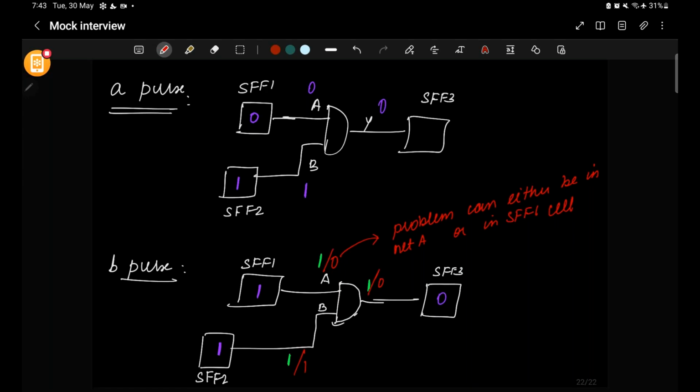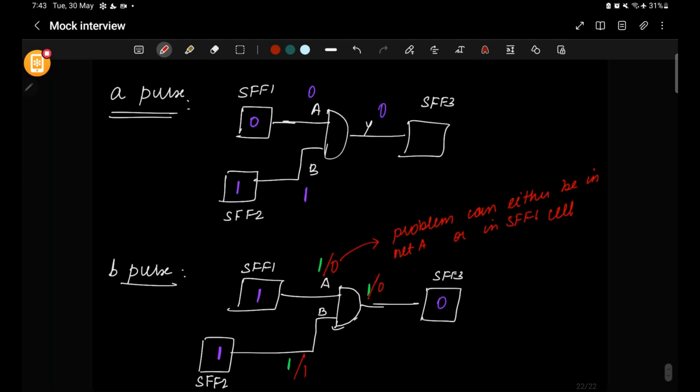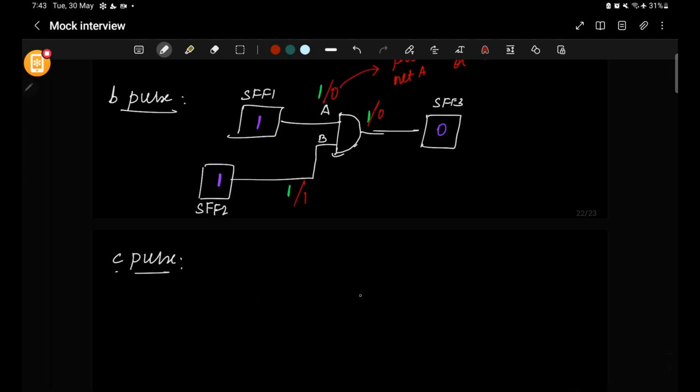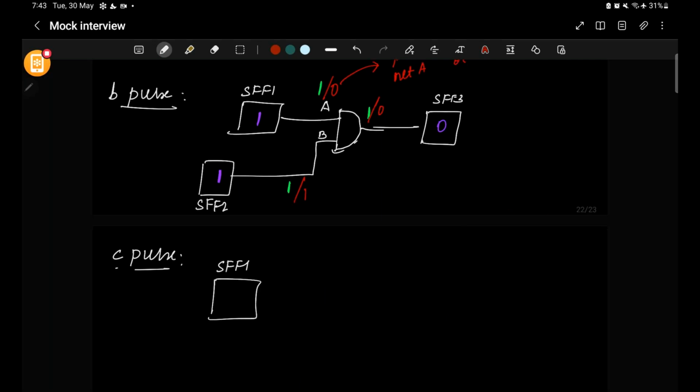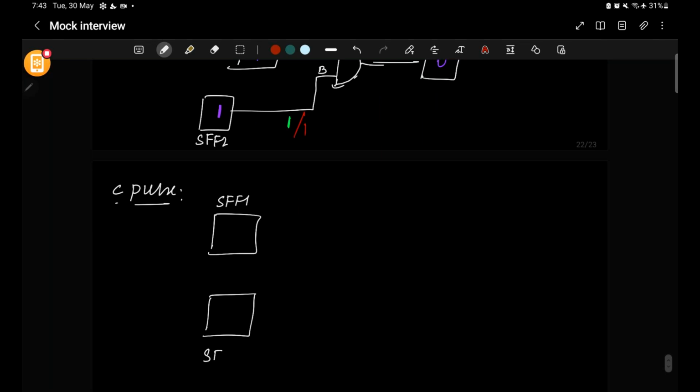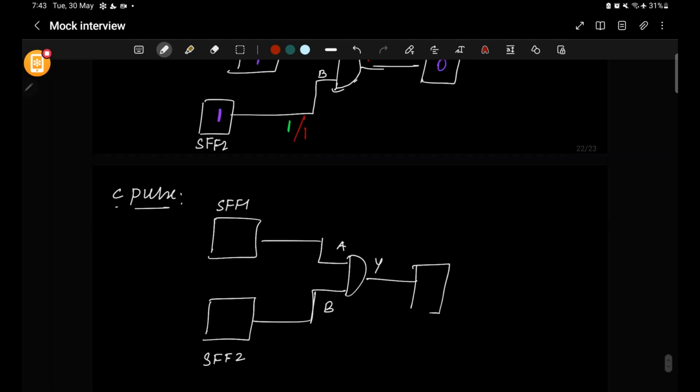Now during C pulse, what has happened? This is scan flop 1. This is scan flop 2. This is A, this is B, and this is Y. This is scan flop 3.